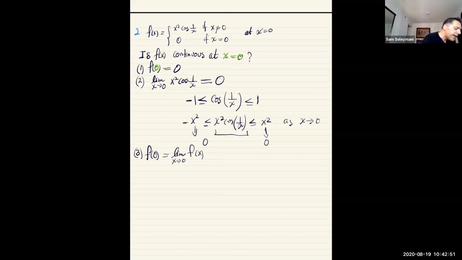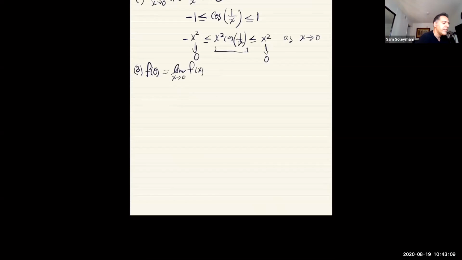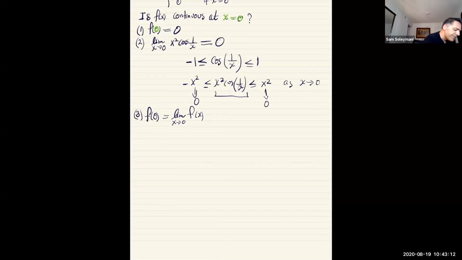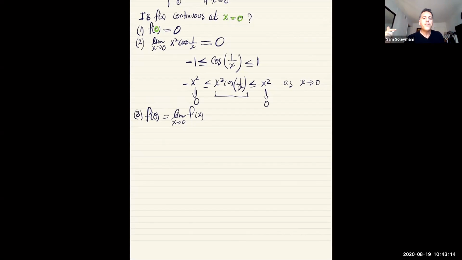Okay, so again, our function is continuous. Now you need to check differentiability. To check for differentiability, you need to differentiate the function and see if the derivative does actually exist. In order for a function to be differentiable, it has to be continuous. That's what you have to check for sure first.